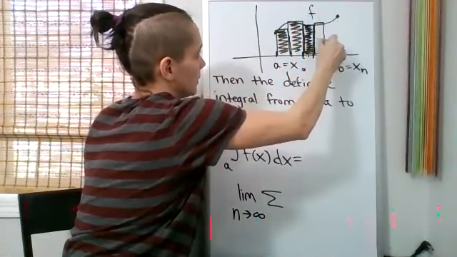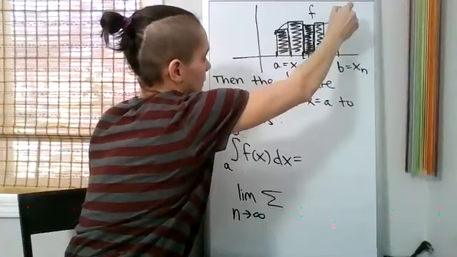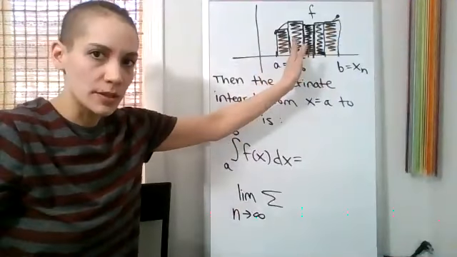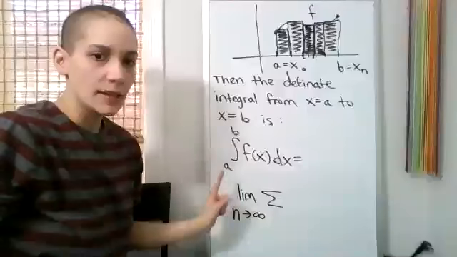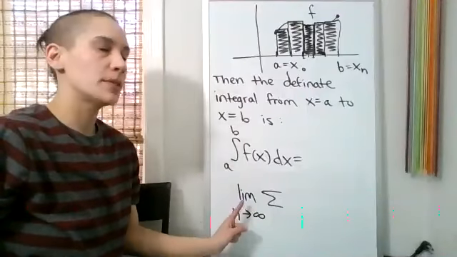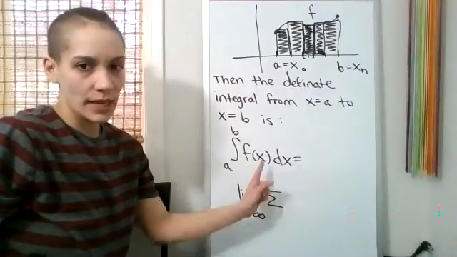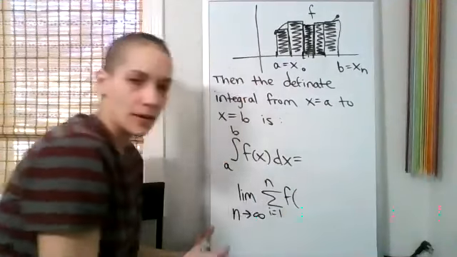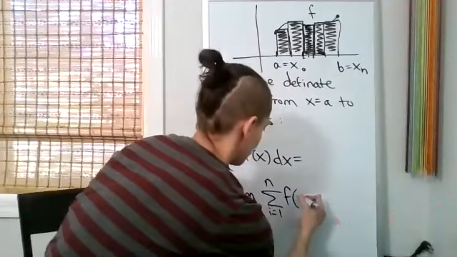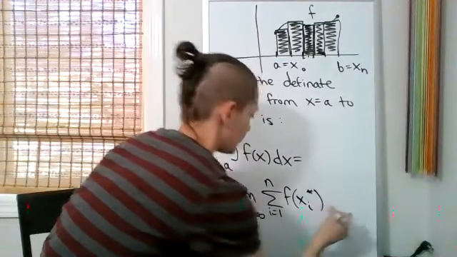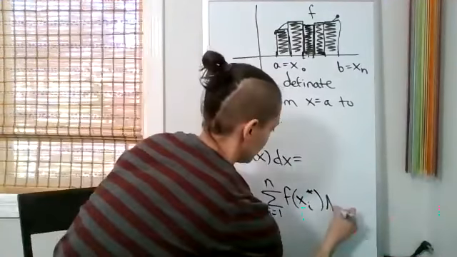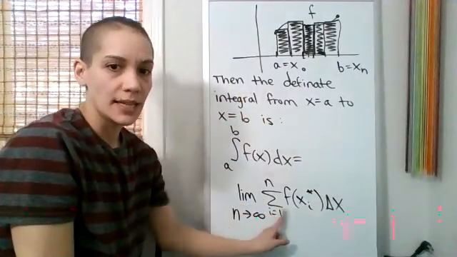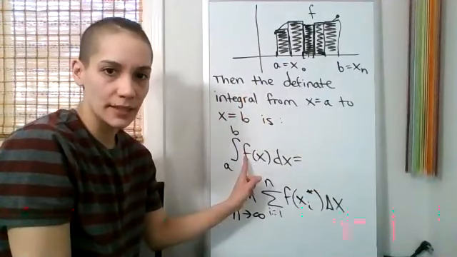As the widths get smaller and smaller, it gets closer and closer to the curve, and you get a nice area. So the limit as n goes to infinity of the sum from i equals 1 to n of f of x sub i star delta x. So your width times your height of the rectangle. And then infinitely many rectangles to get that full area under the curve.